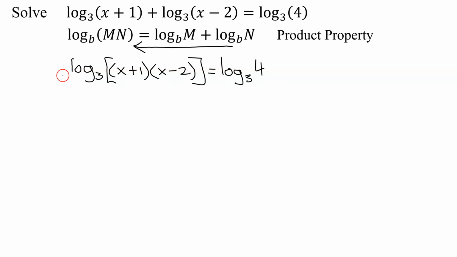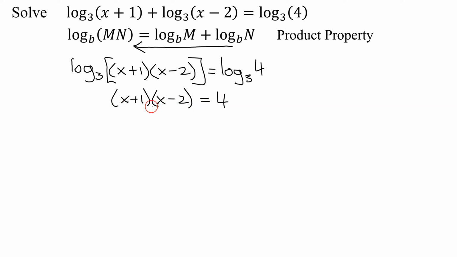Now, as I have a 1 in front of each of these logs and the bases are the same, I can use the one-to-one property of logarithms that says if log to the base 3 of this product equals log to the base 3 of 4, then that product, x plus 1 times x minus 2, has to equal 4.